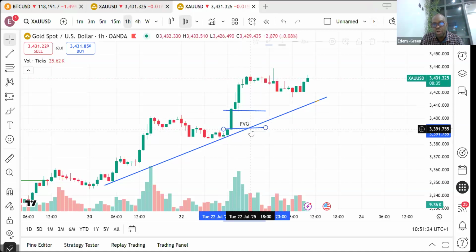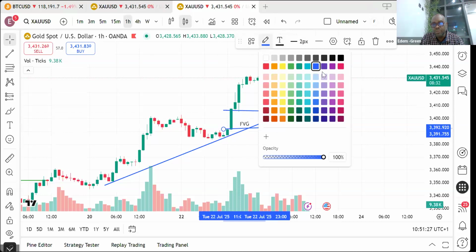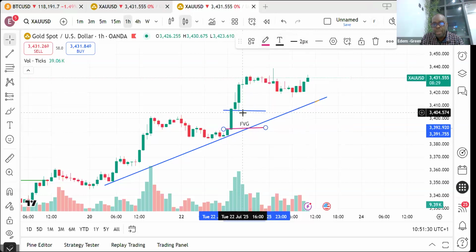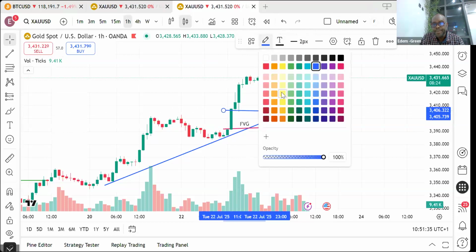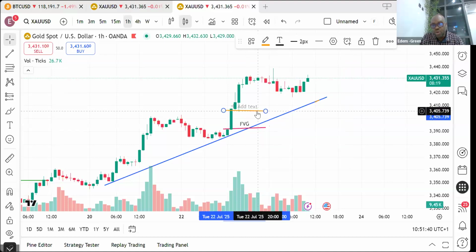Okay, so I will change the color so that we can go along with what I'm saying. Okay, so the orange color, depending on your color preference. So the orange color here is what we refer to as the premium high band, and while the red color is the discount low band.